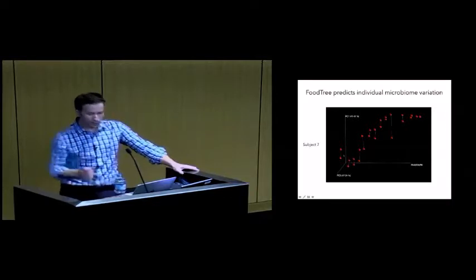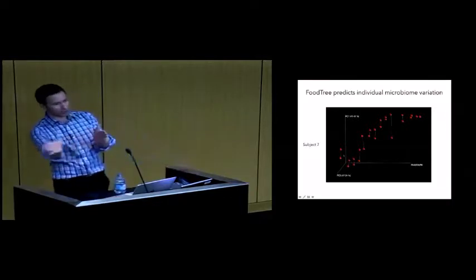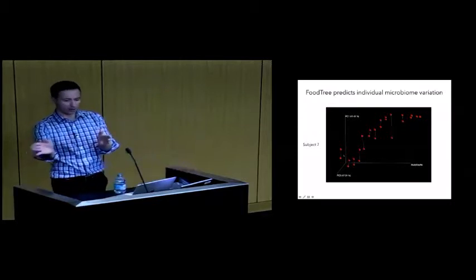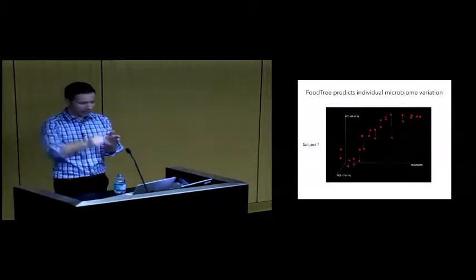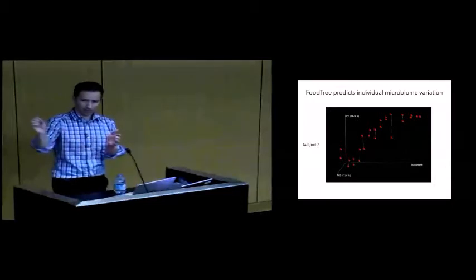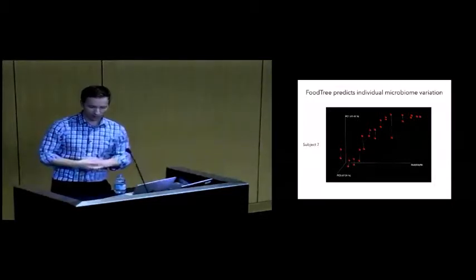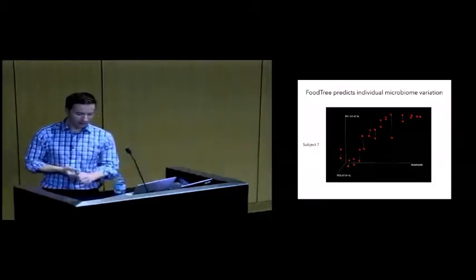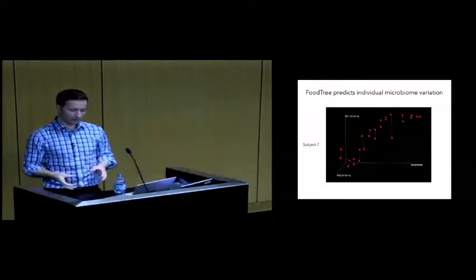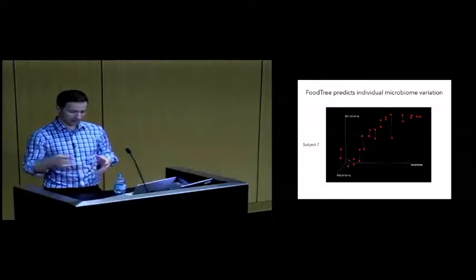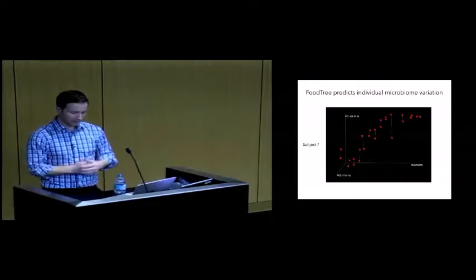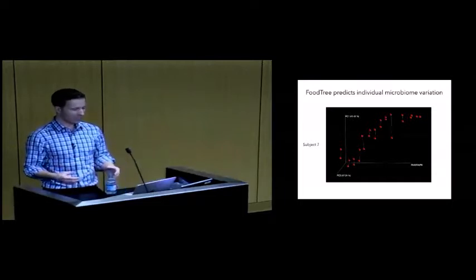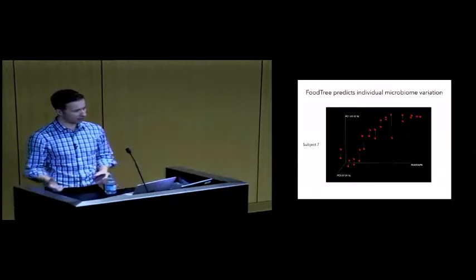So we can actually predict the trajectory of a person's microbiome over time, from day to day, based on the dietary changes. And we can do this for over half of the subjects. This is just an introduction to something new that I think the microbiome field needs.